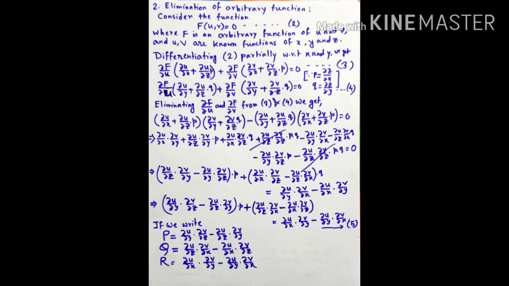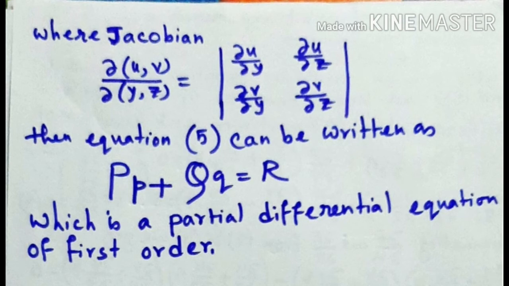We take capital Q = ∂u/∂z · ∂v/∂x − ∂u/∂x · ∂v/∂z, equal to ∂(u, v)/∂(z, x). Capital R = ∂u/∂x · ∂v/∂y − ∂u/∂y · ∂v/∂x, equal to ∂(u, v)/∂(x, y), where our Jacobian ∂(u, v)/∂(y, z) is equal to the determinant with rows ∂u/∂y, ∂u/∂z and ∂v/∂y, ∂v/∂z.